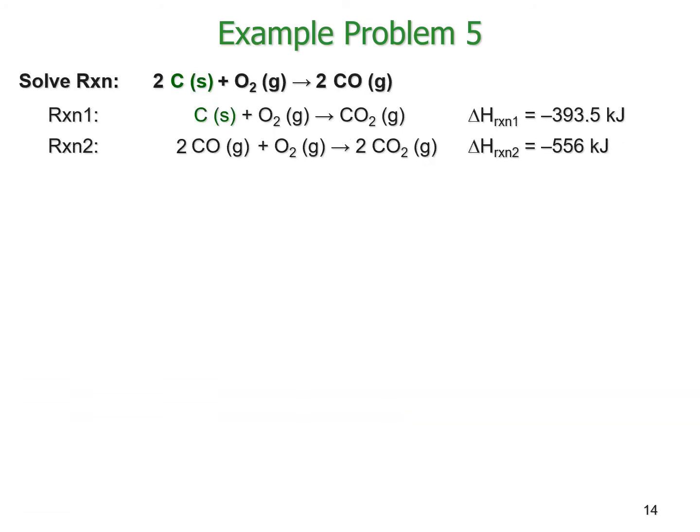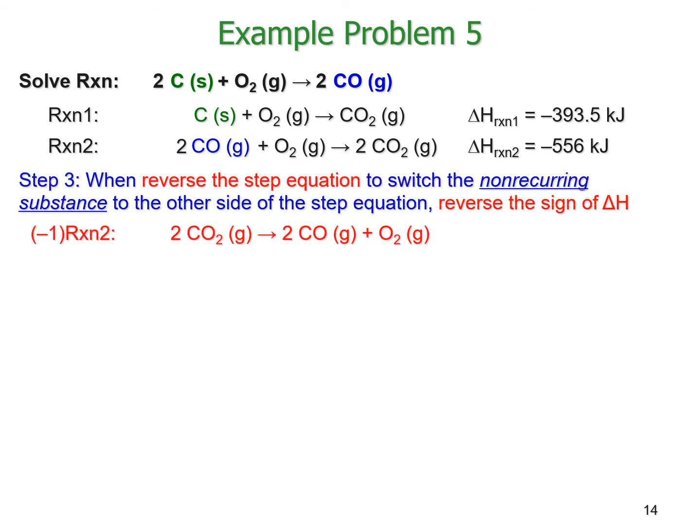All right, once we realize how we're going to manipulate the step reactions, we go to step 3 to make the mathematics out of this manipulation. If we want to reverse the equation to switch the non-recurring substance to the other side of the step equation, we reverse the sign of delta H. Remember, we need to reverse reaction 2 in order to keep carbon monoxide on the right-hand side as a product.